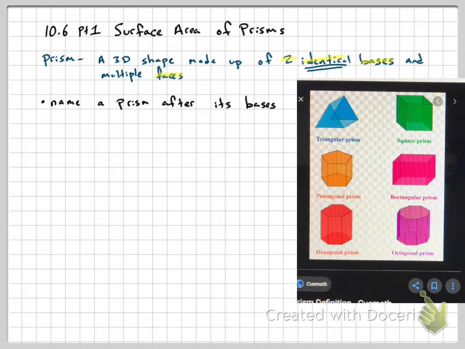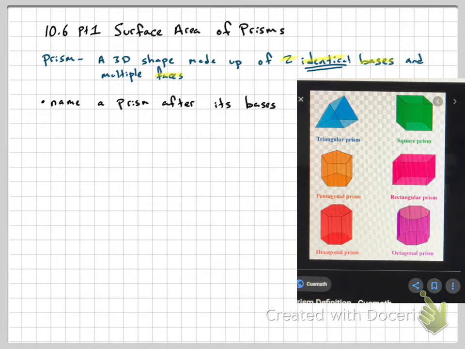There are also other sides of our prism, like this side right here, or the bottom, or the other side. Those shapes are not triangles. So this is a triangular prism because there are two sides that are triangles.